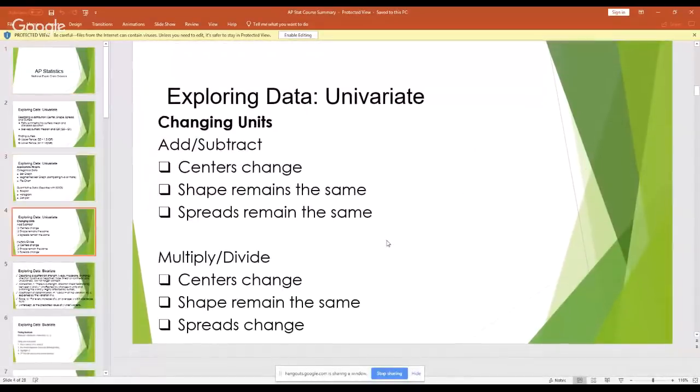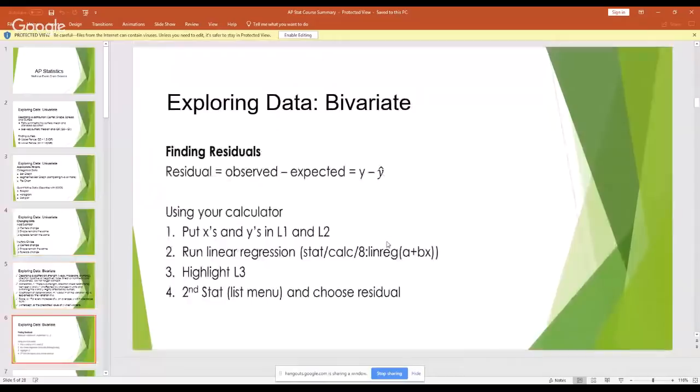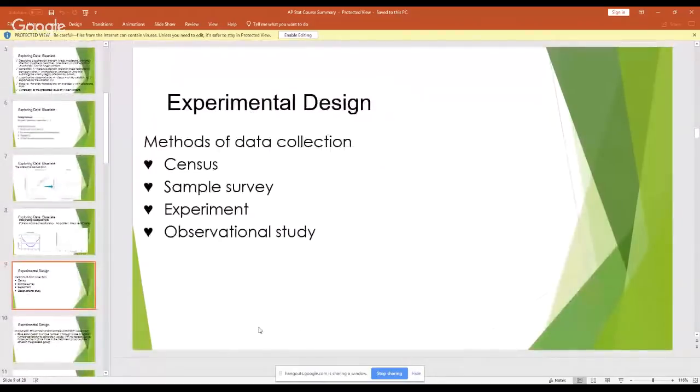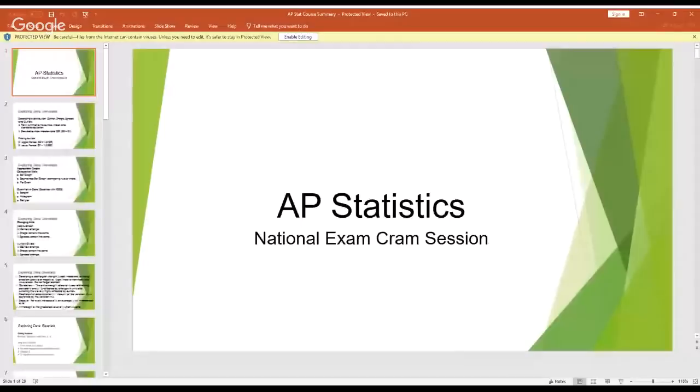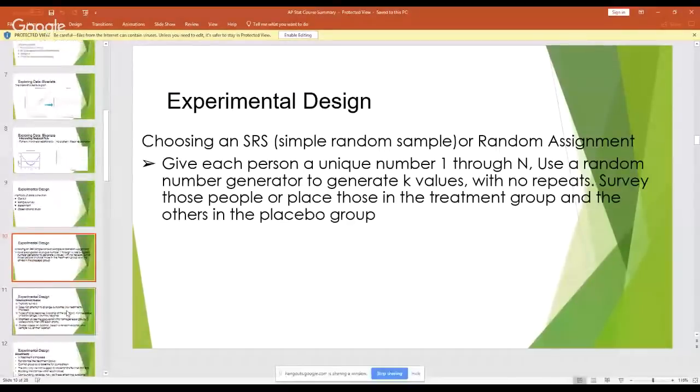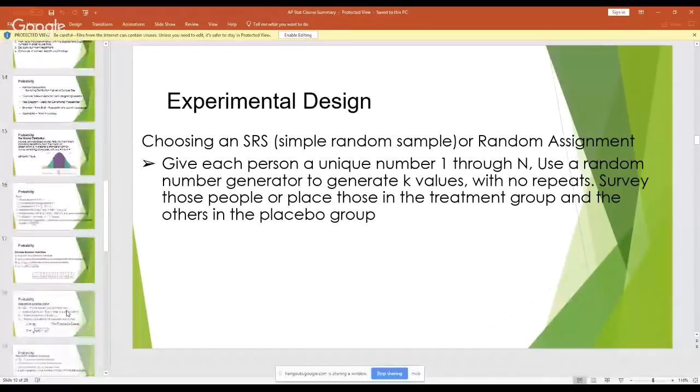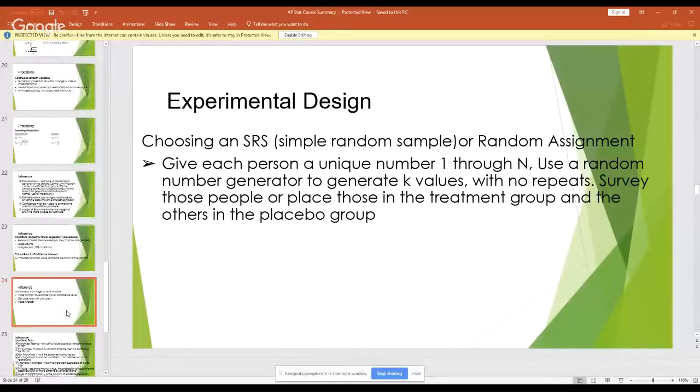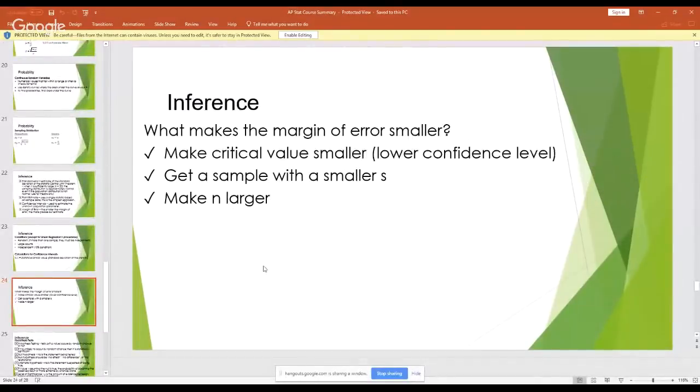All right, where was I? Oh, yeah. Inference. Okay.